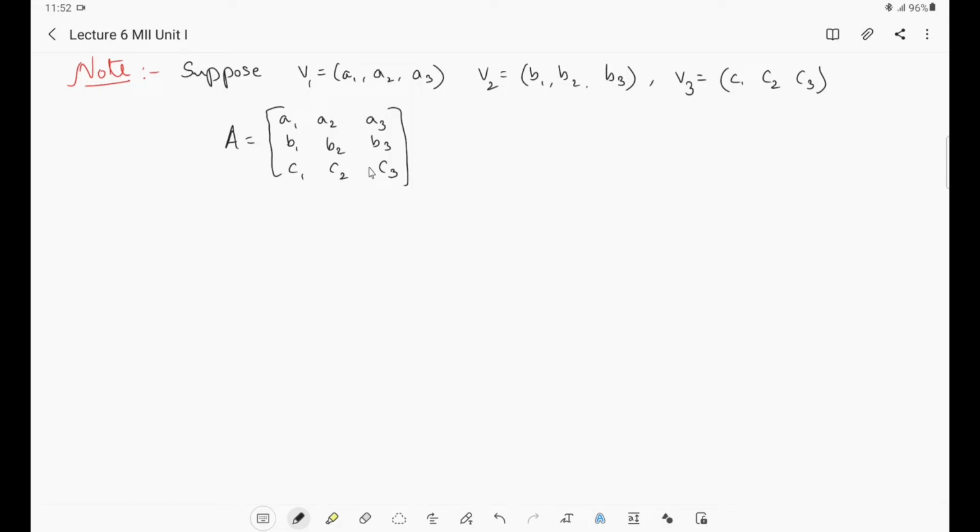This is just an example I am considering, not the specific case. I am not saying only this kind of question will be given in the examination. 3 vectors may be given, 4 or 5 vectors may be given, even 2 vectors may be given. Here I am considering 3 vectors, so this is a 3 by 3 matrix.